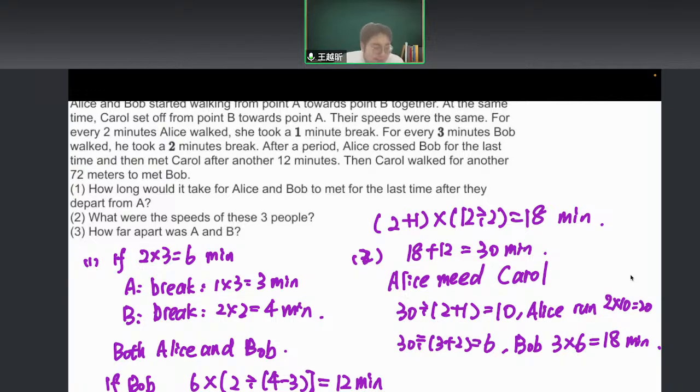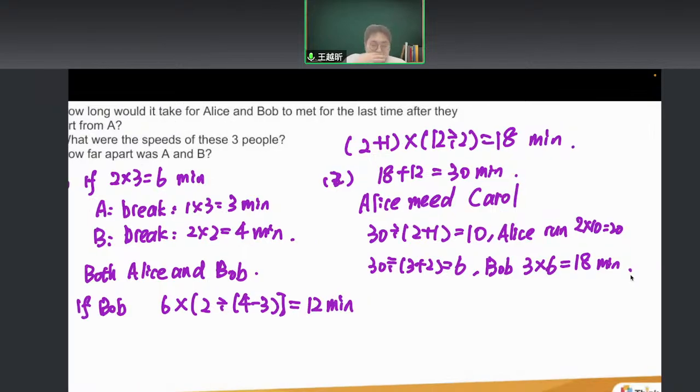After that, we know the distance between Alice and Carol and Bob will be 20 minus 18 equals to 2 minutes distance. So in these 2 minutes, yeah, Bob has already had a break and wants to start. How long will Bob have a break? 2 minutes.